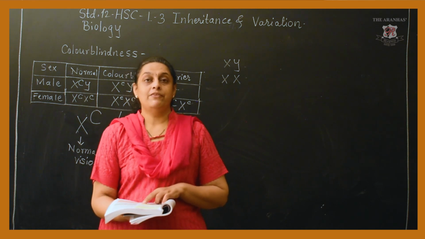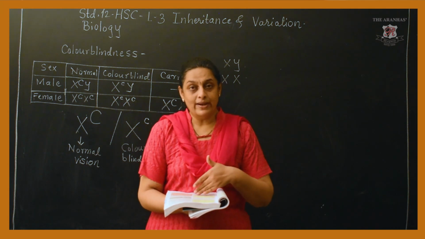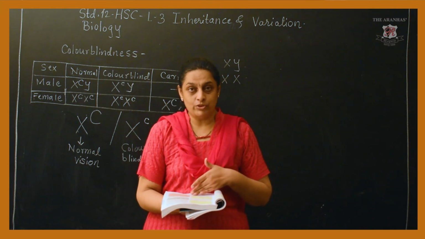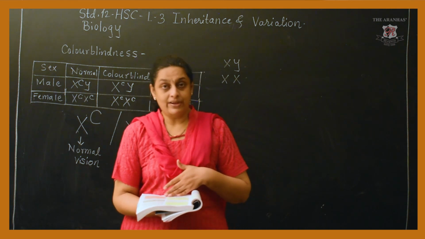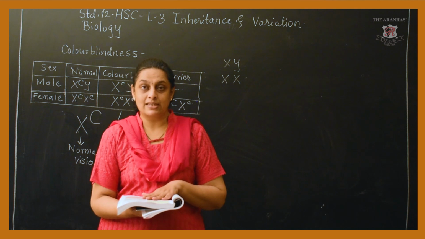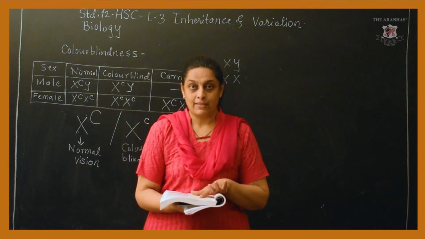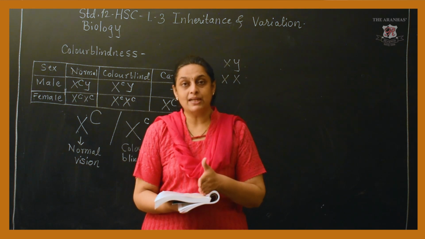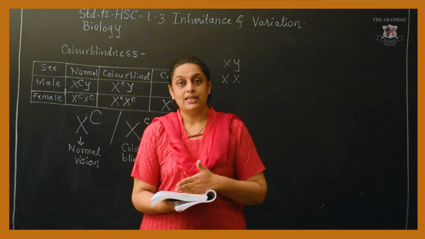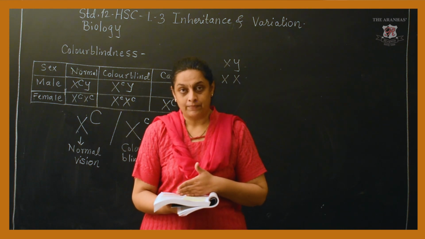So now if we just study who were the parents and how is the progeny, then you will realize that the gene for color blindness was present in the mother, and now from the mother this gene is passed on to her son.